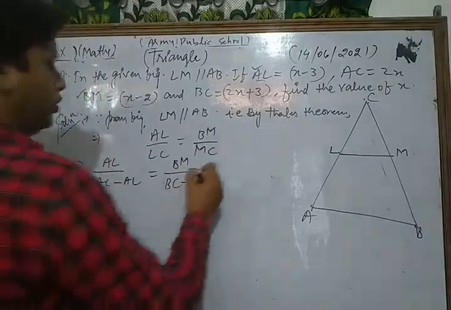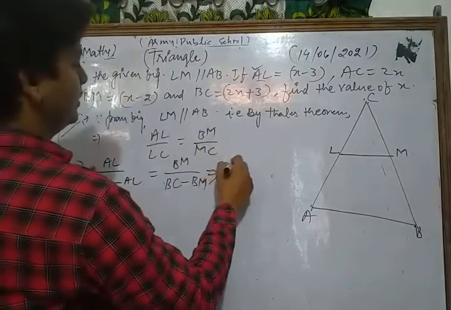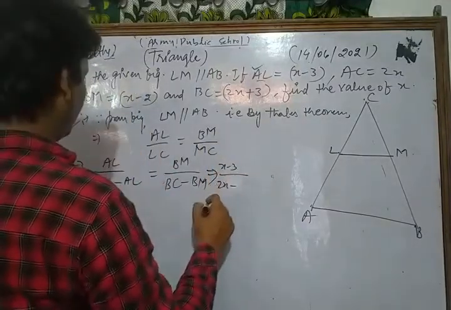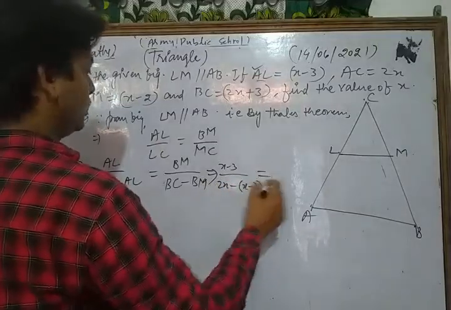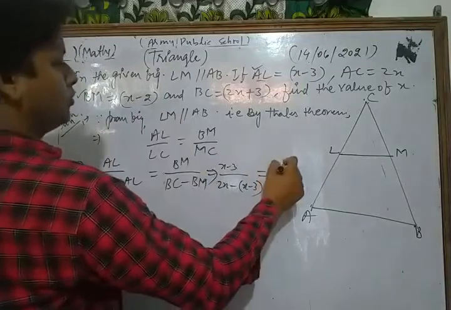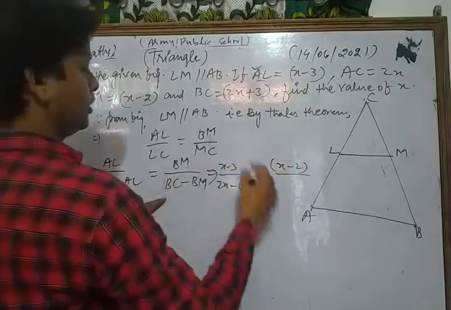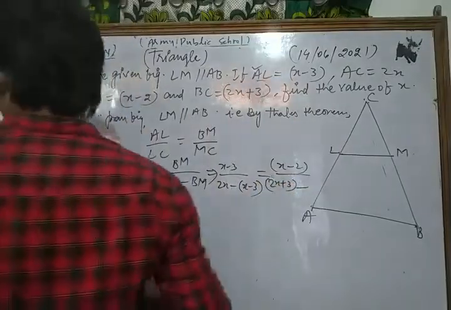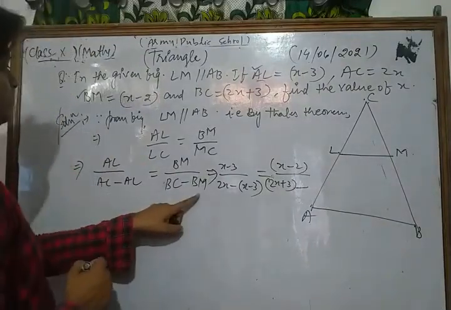AL is x minus 3, upon AC is 2x minus AL, that is x minus 3 in brackets, is equal to BM, x minus 2, upon BC, 2x plus 3, minus BM, x minus 2.